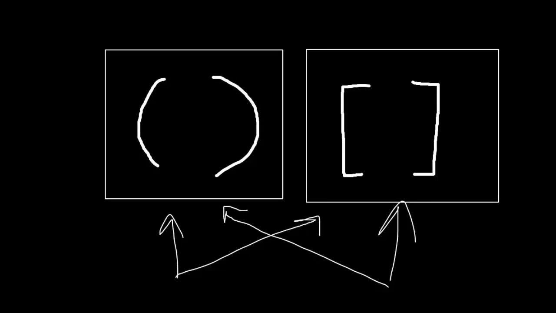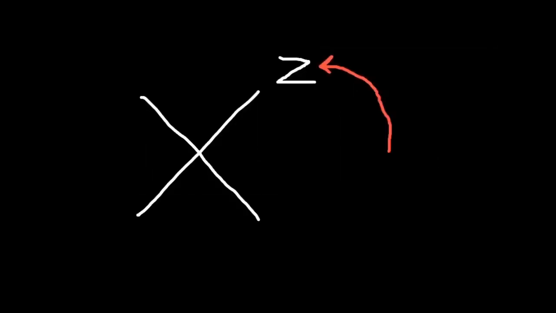Hey, it's your choice, whatever your teacher goes with. And there's one more symbol that we're going to talk about today. This is an exponent. Well, not the x. The x is not an exponent. The z over here is an exponent.